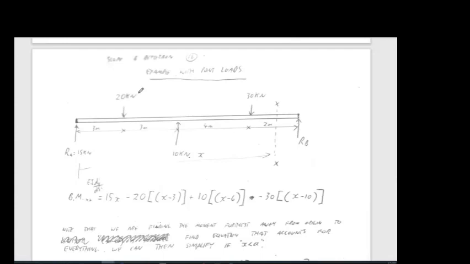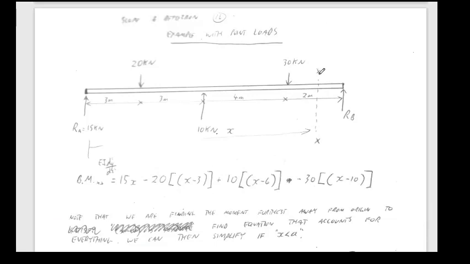What we're going to do is start at the left-hand end of the beam. We're going to go along the beam until we've passed all of our loading points. So we're going to pass the 20 kilonewton load, the 10 kilonewton load, and the 30 kilonewton load, and we're going to write down the moment equation at position X, where our bending moment equation is going to be the most complicated.